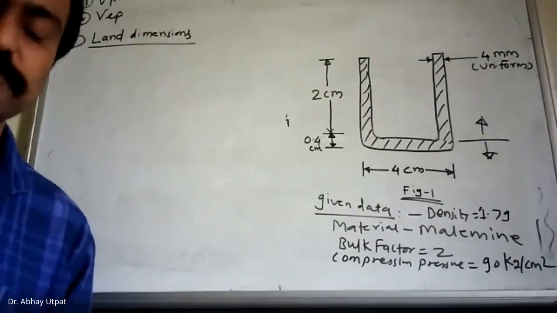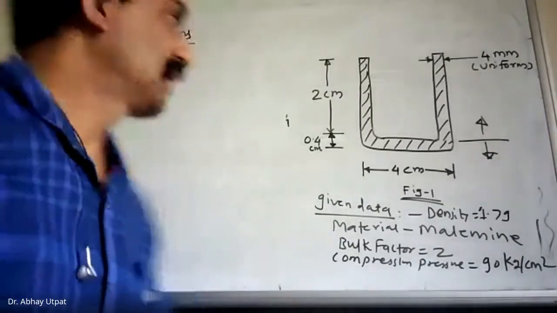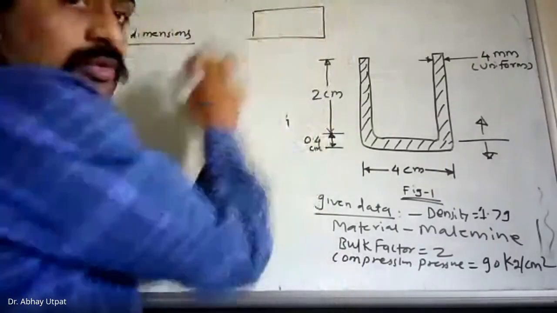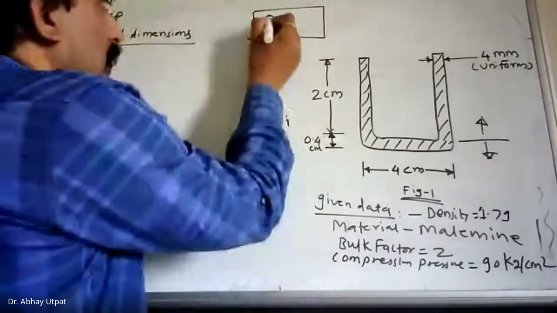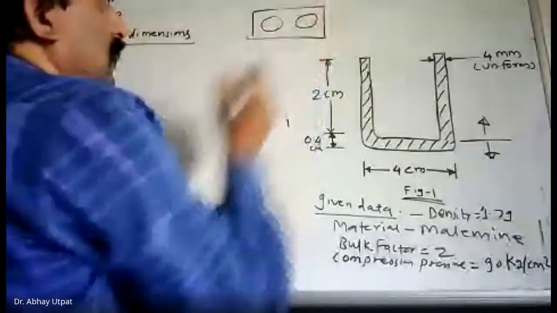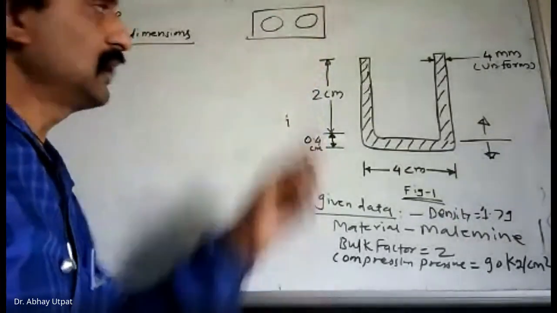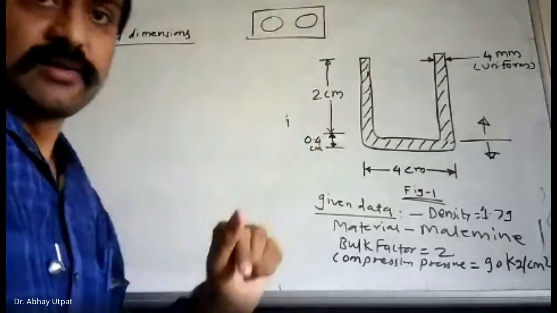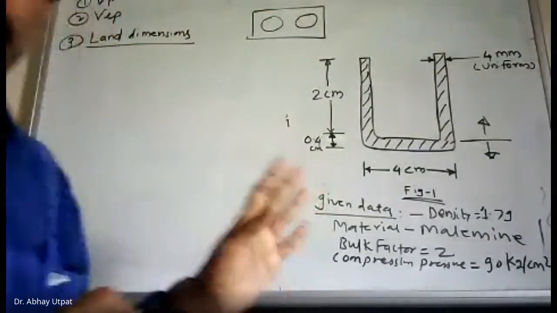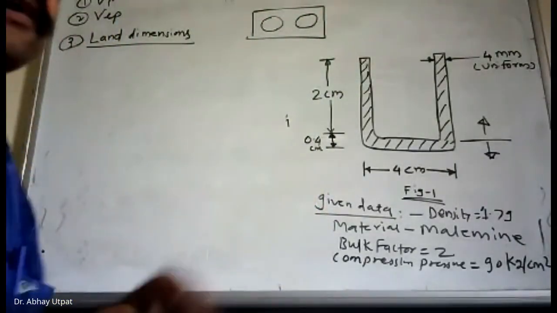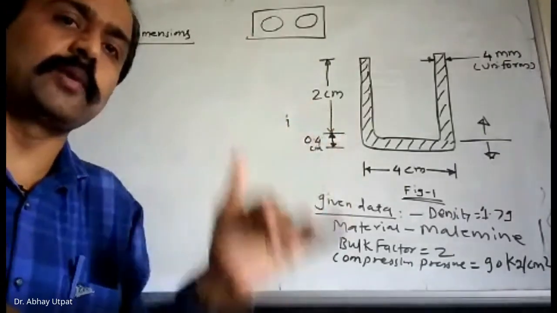Land dimensions means, land means what? Recall your memories. If this is the top view of your mold, then we are considering this as a land dimension. So this will be taken as around 10 mm to 12 mm, 10 mm to 16 mm.